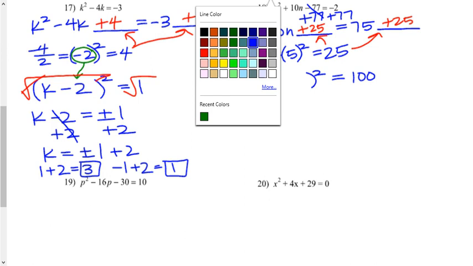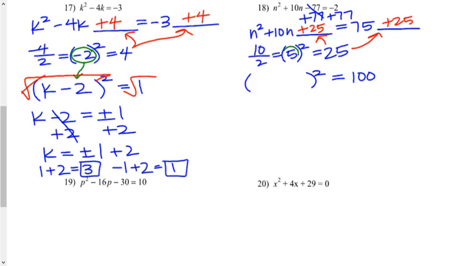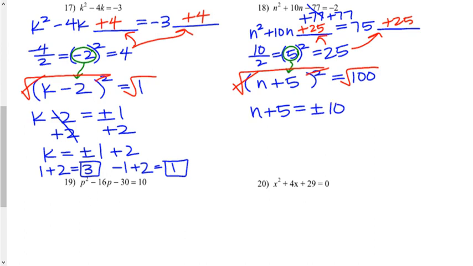Don't forget, whatever's in that parentheses is going to go right there. So in this case, it's a positive 5, so I'm going to say n plus 5. Now using my normal solving skills, I'm taking the square root of both sides. I get n plus 5 equals plus or minus 10. 100 is a perfect square.